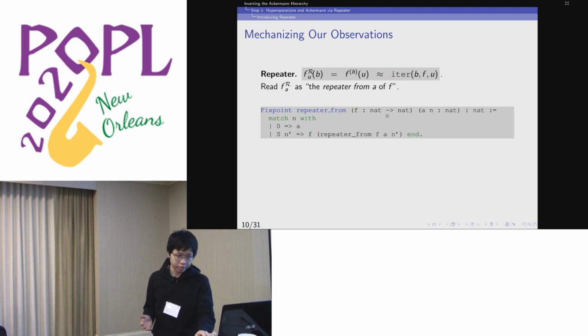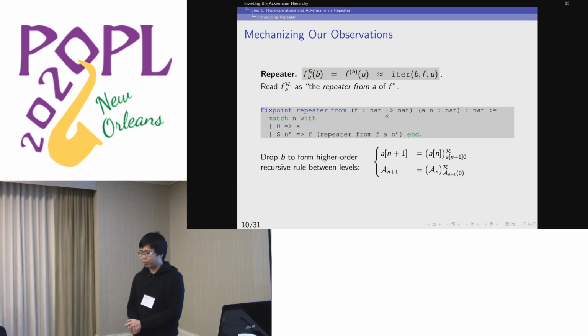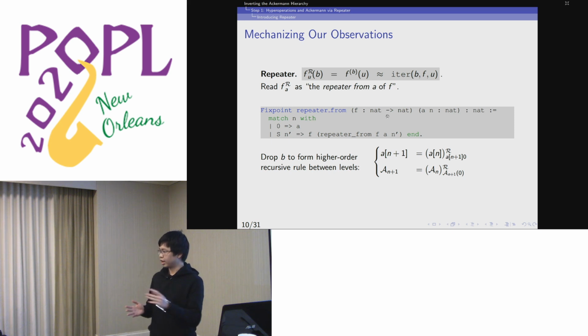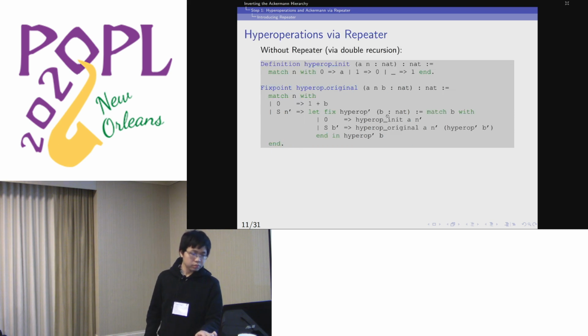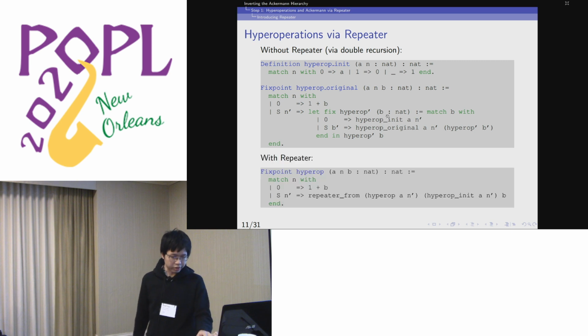So we call it repeater. And with repeater, we can drop b, we can drop the main argument so that we form a relationship between the two levels of the hierarchies as functions and functions. So with this, before we go on to compute the inverse tower, let's look at how we can shorten the definition of the hyperoperation with repeater.